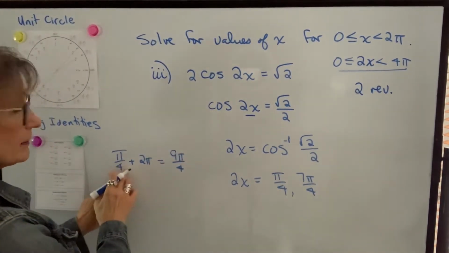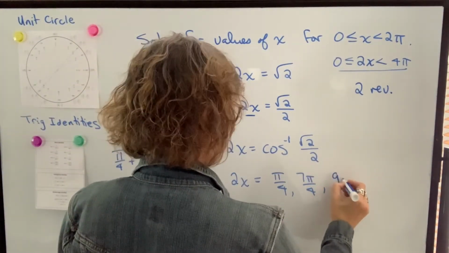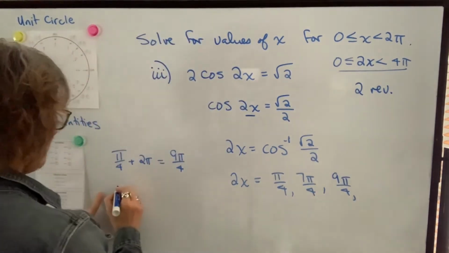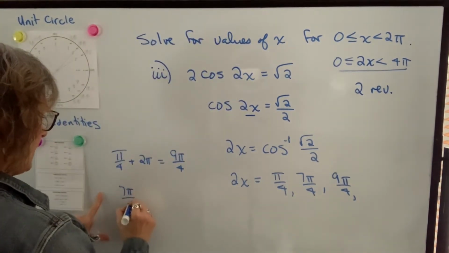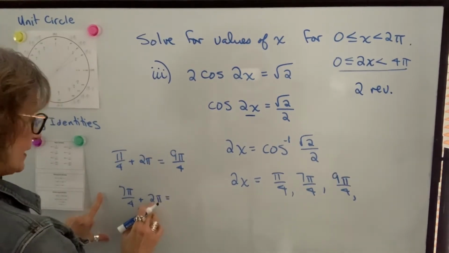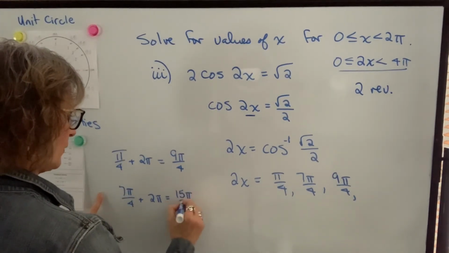It's the same angle as this, but it's in the next rotation. So 9 pi over 4 is my next answer. And then I do the same thing here. I take 7 pi over 4 and I add a revolution or 2 pi radians to that. So that's 8 pi over 4 plus 7 pi over 4, which is 15 pi over 4.